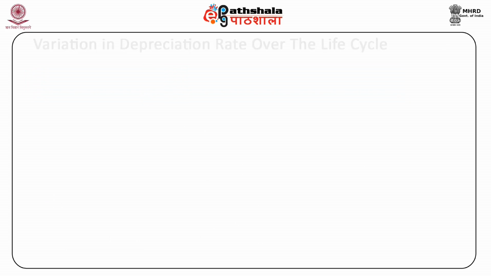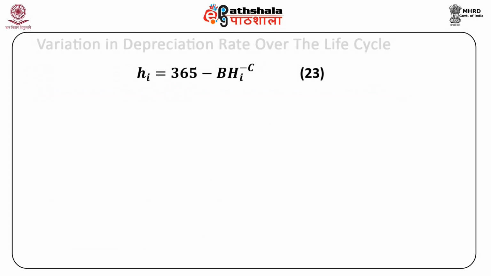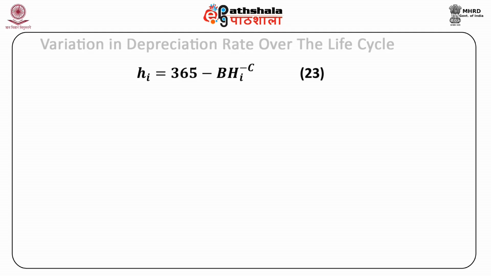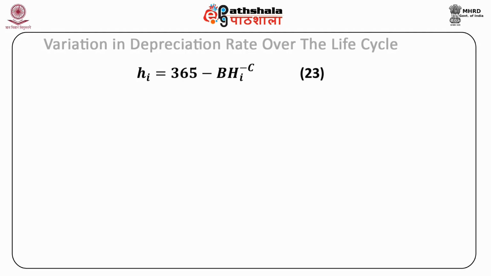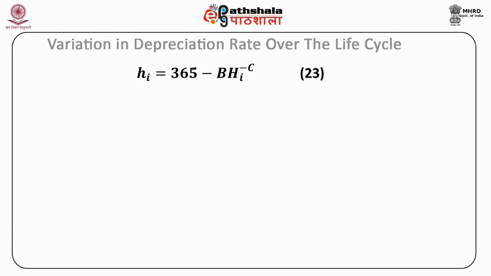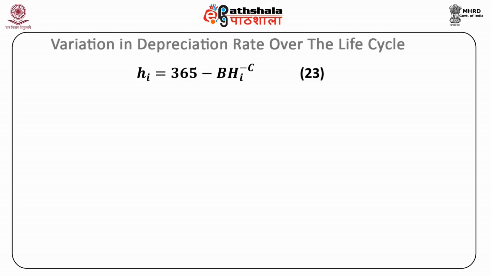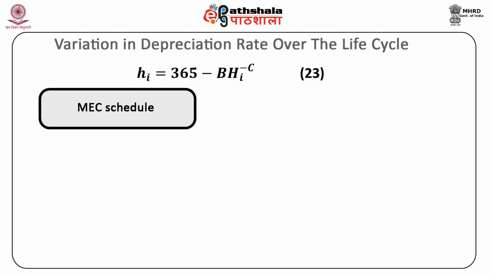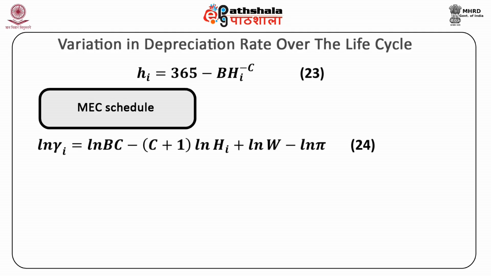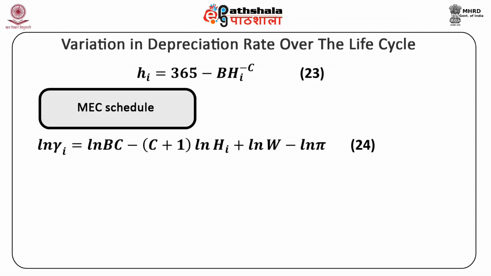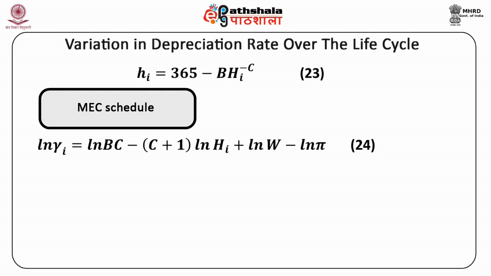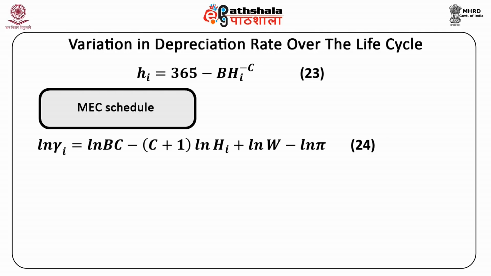Given the healthy days production function, Hi is equal to 365 minus B Hi raised to the power minus C, equation 23. And the MEC schedule: log of Yi is equal to log BC minus C plus 1 into log Hi plus log W minus log pi, equation 24.